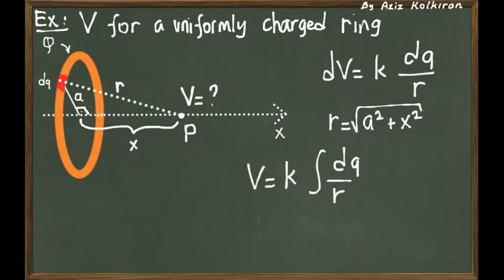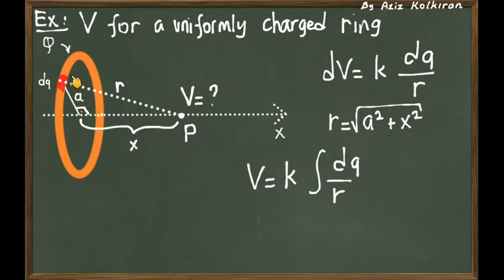And if you write down this integral to find the total potential, because we add all dq's over the rim of the ring, we see that we can take this distance r easily outside the integral because it does not depend on any variable. Both a and x are fixed, they don't change.